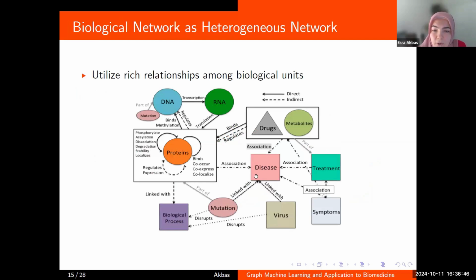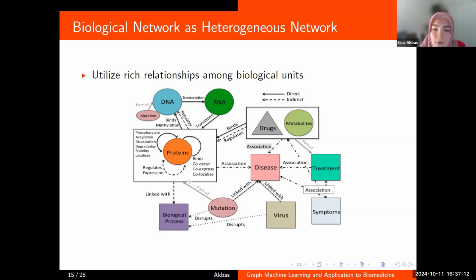Each of them affects the others. There is a relation between proteins, but there is also a relation between protein and disease and drug. So this treatment is related to a disease. Disease is related to a virus. There are symptoms. So we can define many different types of entities, and there are many connections between them.